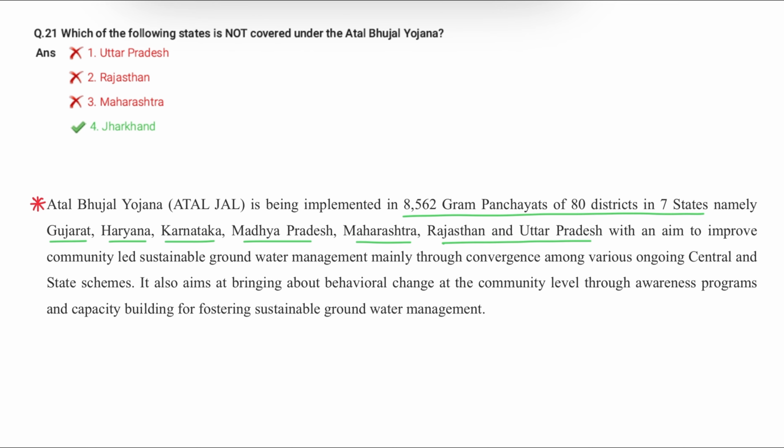It also aims to bring about behavioral change at the community level through awareness programs and capacity building for fostering sustainable groundwater management. So, the state not covered is Jharkhand.